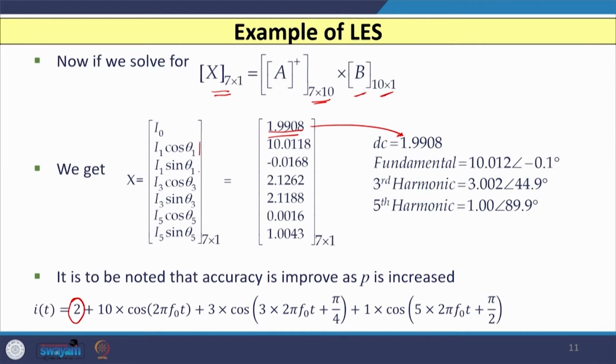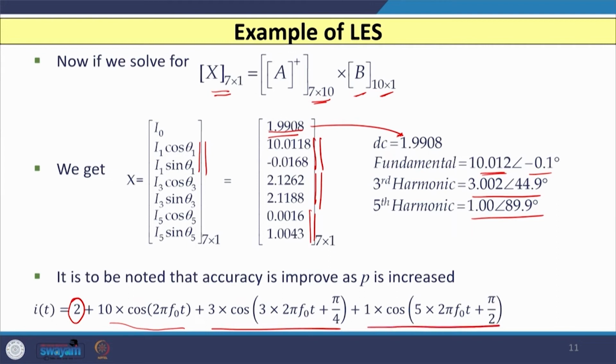For the fundamental component, if you take the magnitude and angle, you will have 10.012 angle minus 0.1, which is also very close. The third harmonic term is 3.002 angle 44.9, which is also close, and for the fifth harmonic, the value is 1 angle 89.9, which is also very close to this.